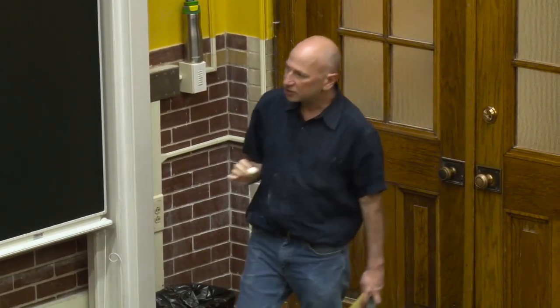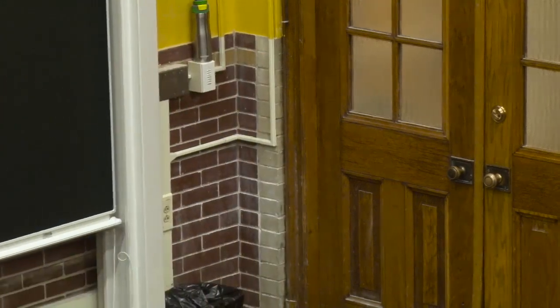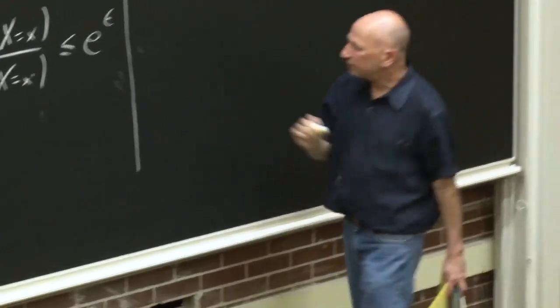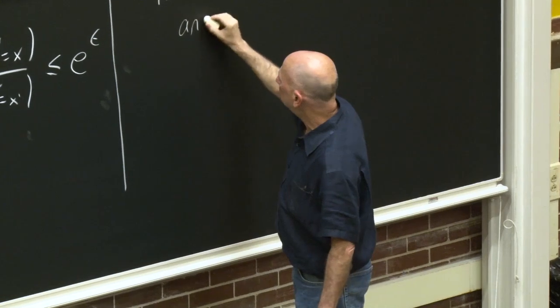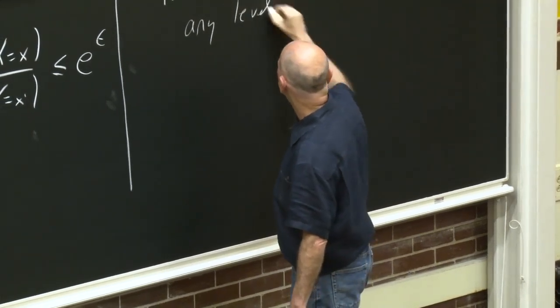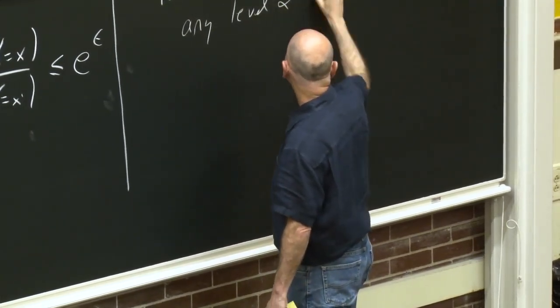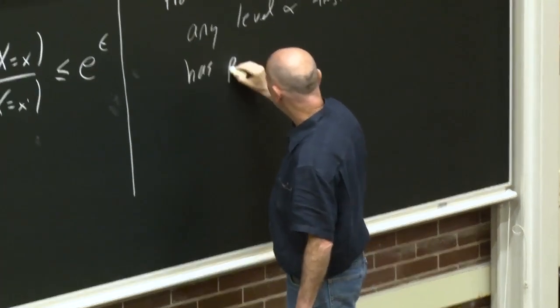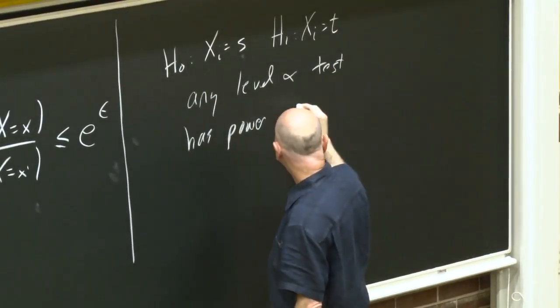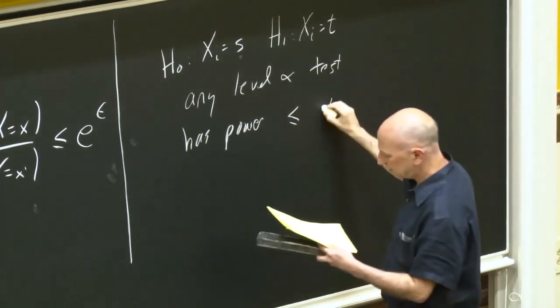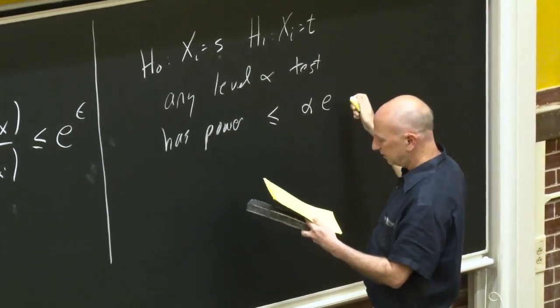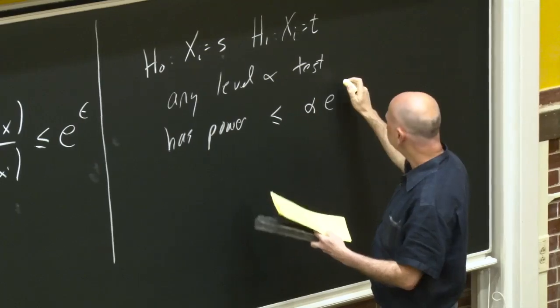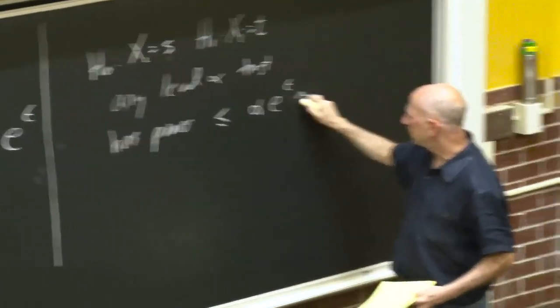And it's not hard to show that if your release mechanism satisfies this, then any level alpha test for this has power at most alpha times e to the epsilon, which for small epsilon is like alpha.